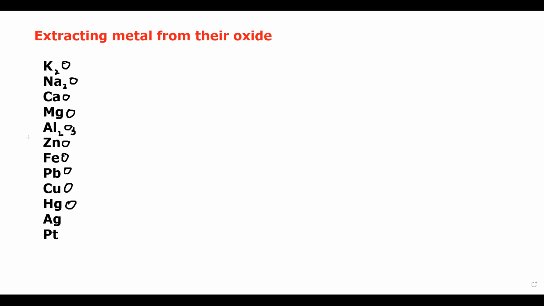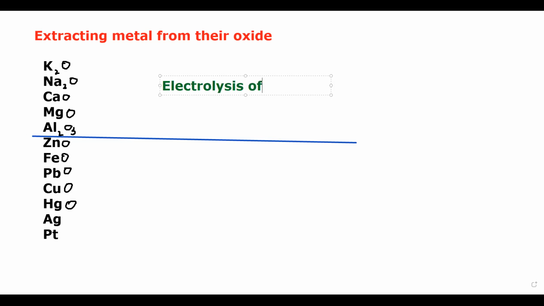Up to aluminium, the technique which we use to take out the metal from their oxides is electrolysis of molten oxides. Molten means it does not contain any water.